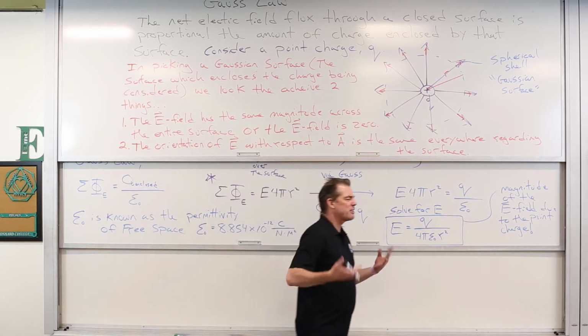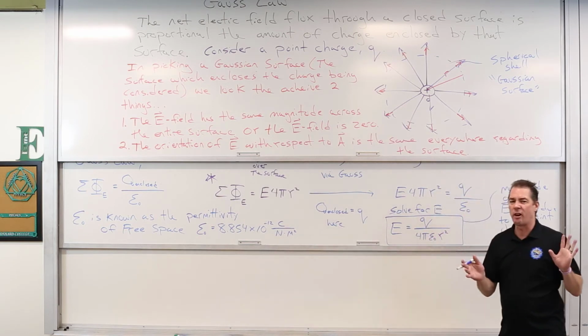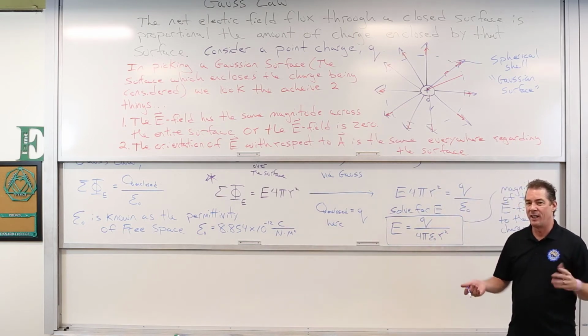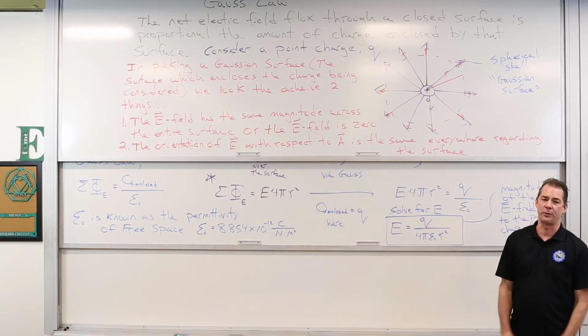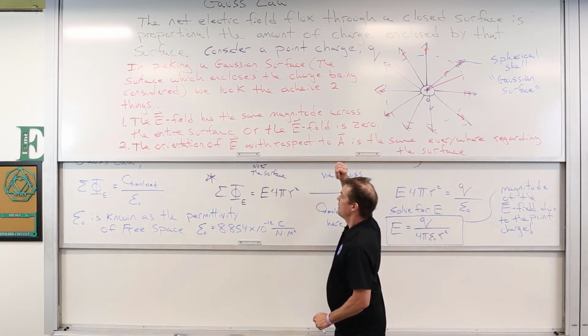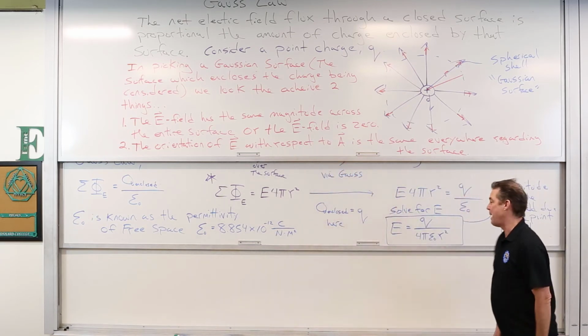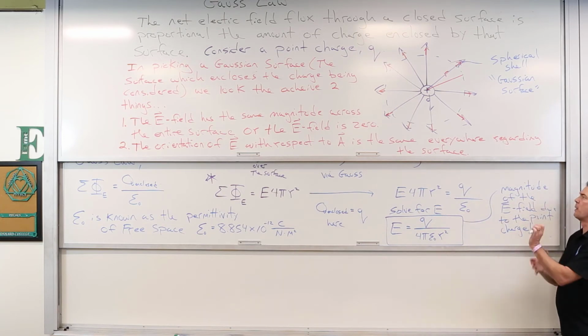But it requires that you know something about how the electric field behaves in general for a certain configuration. If you have no idea what the electric field is going to look like, how are you going to make a surface over which the electric field is uniformly directed and has a constant magnitude? You're not, if you don't know what the electric field looks like. So some of it comes with intuition, with some foreknowledge.